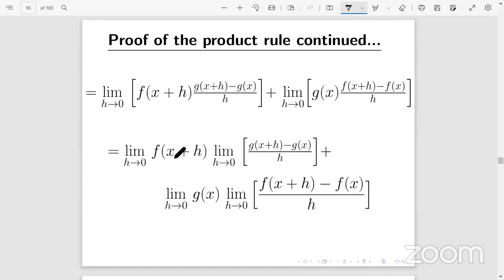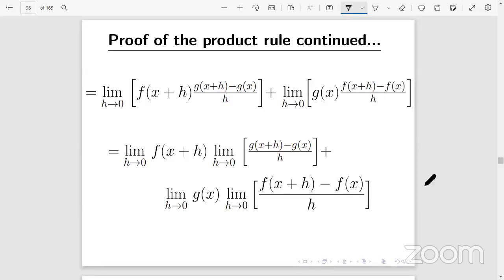So we can evaluate the limit as h approaches 0 on f of x plus h, and again evaluate the limit of g of x plus h minus g of x all over h. And same thing for the second term: you can evaluate the limit as h approaches 0 of g of x times the limit as h approaches 0 of f of x plus h minus f of x all over h.